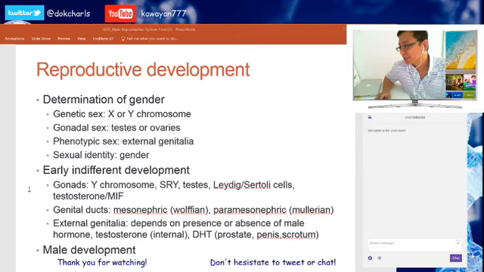So the development of your external genitalia, on the other hand, will actually depend on the presence or absence of male hormone.